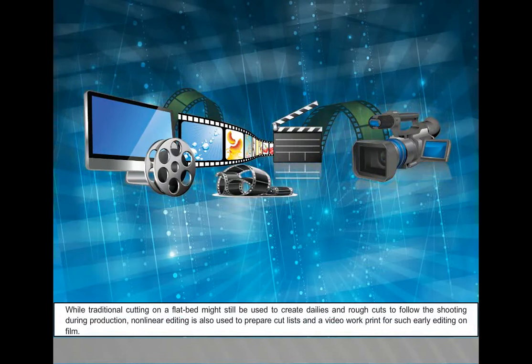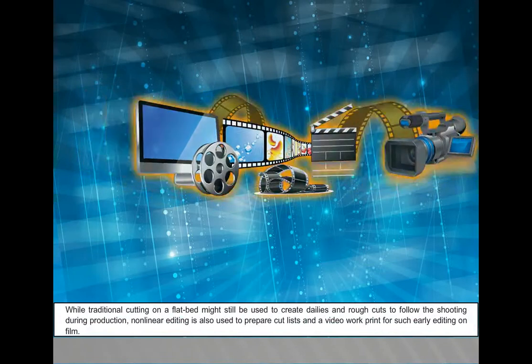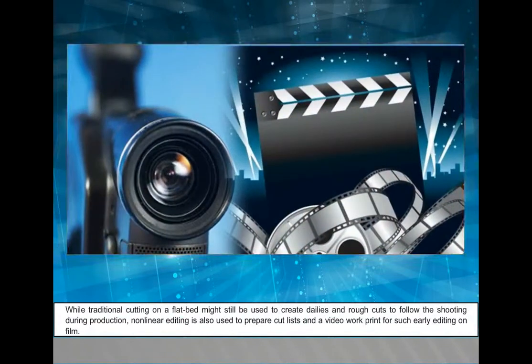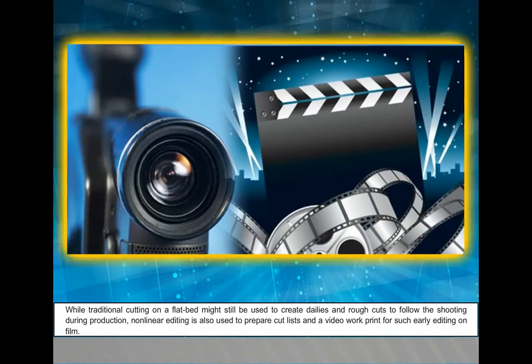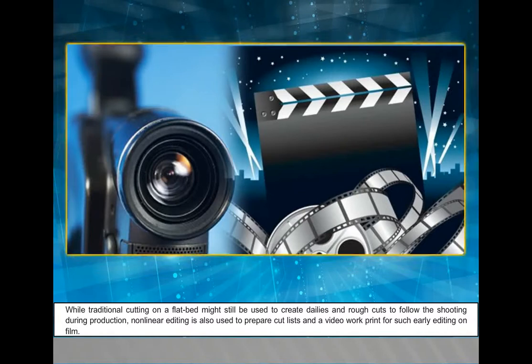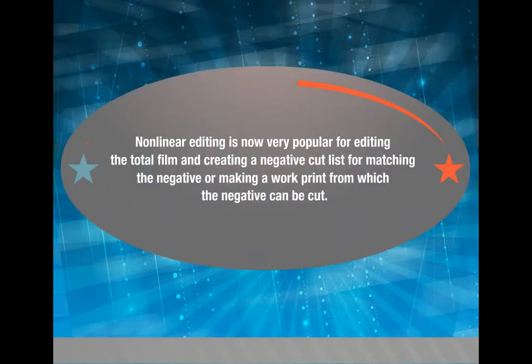While traditional cutting on a flatbed might still be used to create dailies and rough cuts to follow the shooting during production, non-linear editing is also used to prepare cut lists and a video work print for such early editing on film. Non-linear editing is now very popular for editing the total film and creating a negative cut list for matching the negative or making a work print from which the negative can be cut.